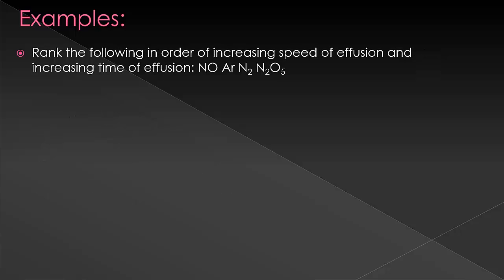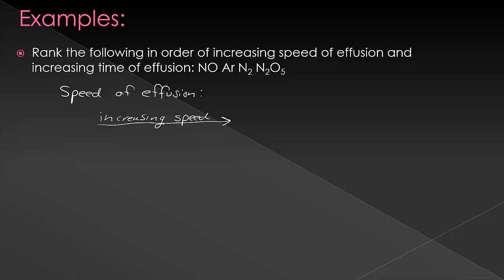Okay, now let's do another one that's a little bit more conceptual. So I say rank the following in order of increasing speed of effusion and increasing time of effusion. So far we've been doing speeds, so I want to keep doing that and start with speed of effusion. So here, if we want to know increasing speed of effusion, that means we're going to start off with our slowest.